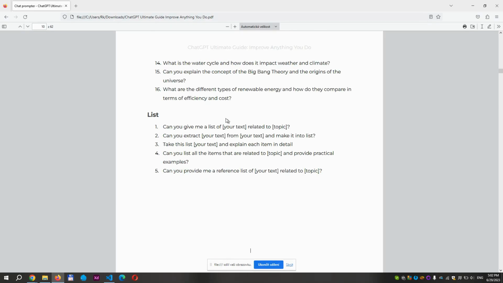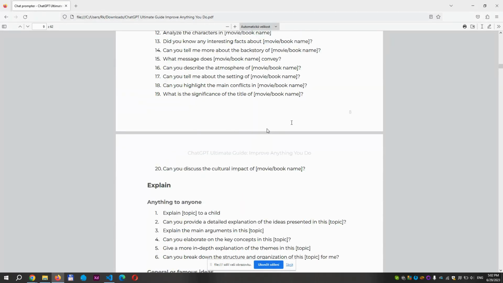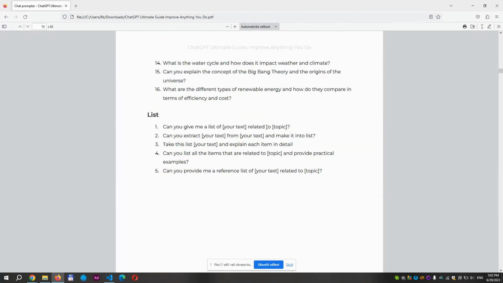Okay, and the final one, just the list. It's actually similar to summary and explain, but just so you know, you can ask ChatGPT to give you a list of something. Can you provide me a reference list? Can you list all the items that are related to a specific topic?